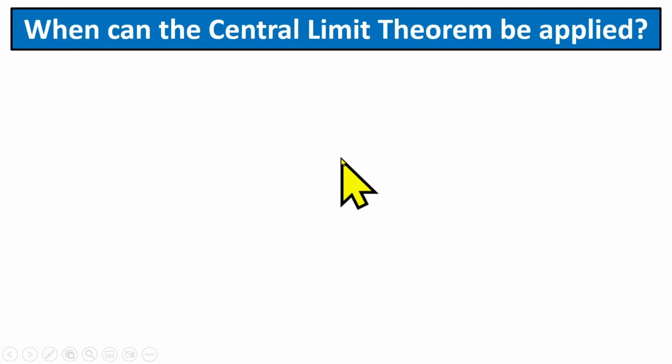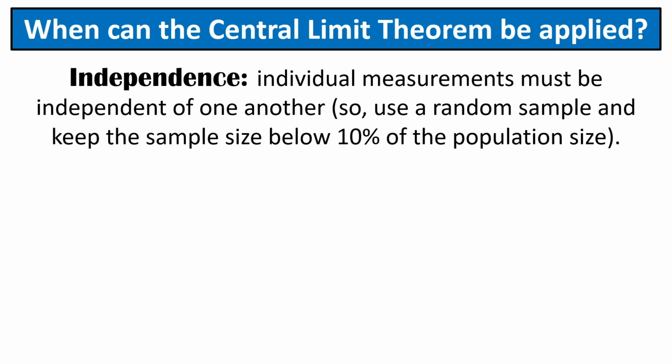Now, before getting into that, I just want to review again the central limit theorem because it's so important. It's really important you know when this central limit theorem can be applied. The conditions are actually quite simple. First, we need to know that our individual measurements are independent of one another. And how do we assure that's the case? Well, we use an appropriate sampling technique.